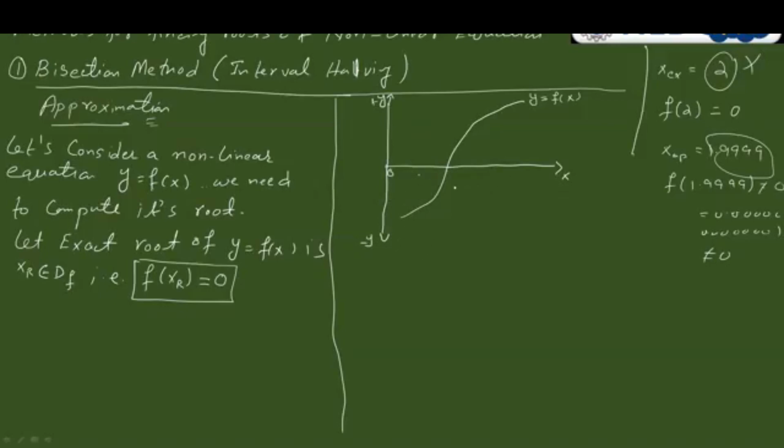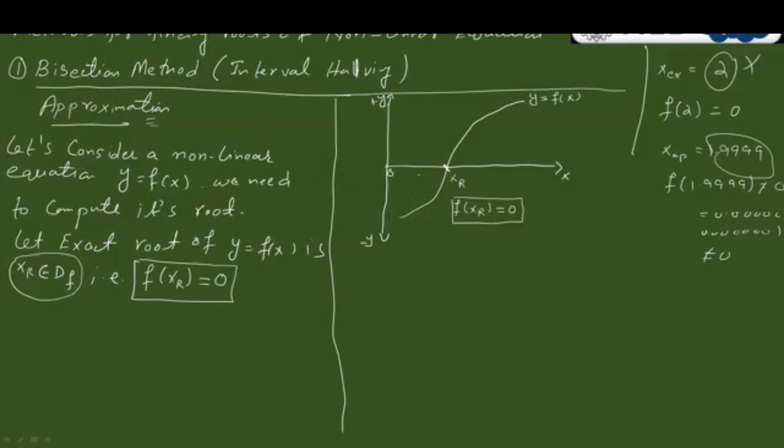As we assume that there is an exact root xr, graphically it must be lying somewhere there, xr. You all agree with it, because this xr has a characteristic: if I put it in the equation, I will get exactly 0, but I don't know that value. Keep in mind, we have to trace that xr. That's our logic. How we will do that in the case of the bisection method is a very simple strategy.